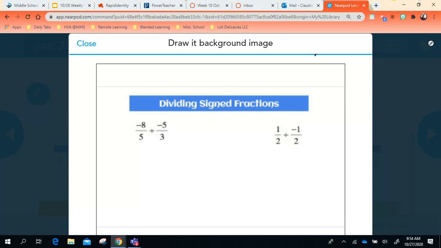What divided by what? You got it right? Yeah. That's a really easy one, but I wanted to see if you guys could get it.